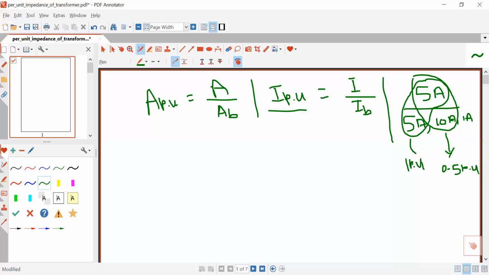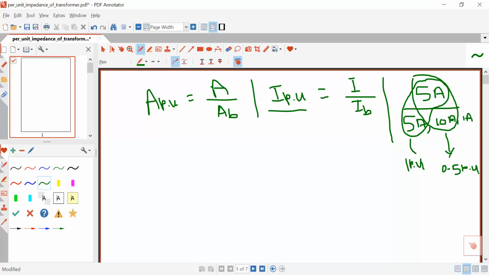Now, if you change the base value, then the answer will change. So it is very important to mention under what base you have calculated this per unit value, because without this information, the answer is not logical.